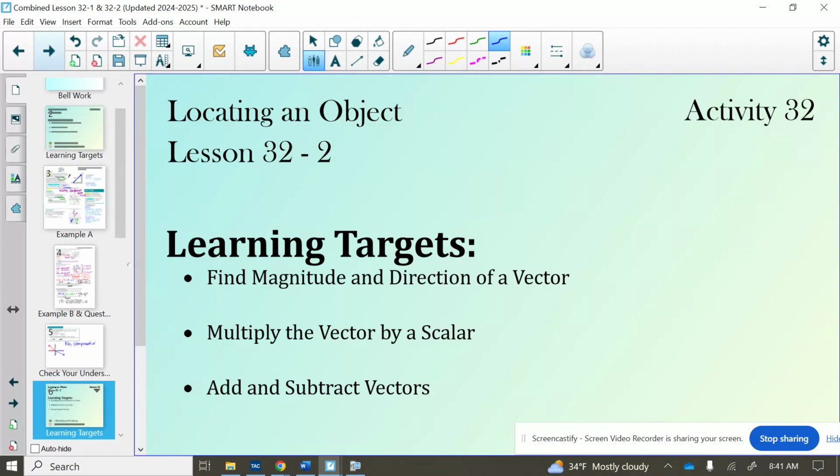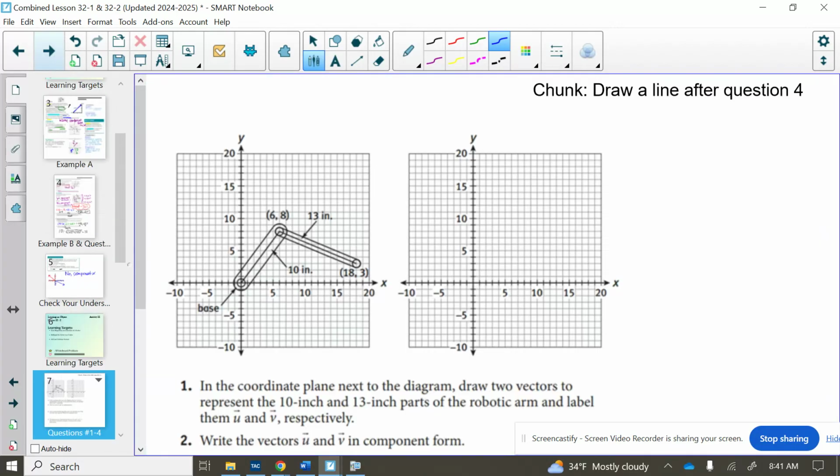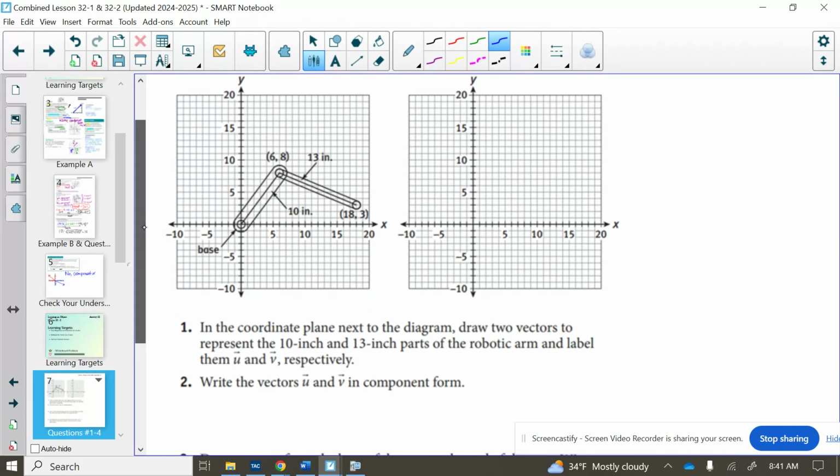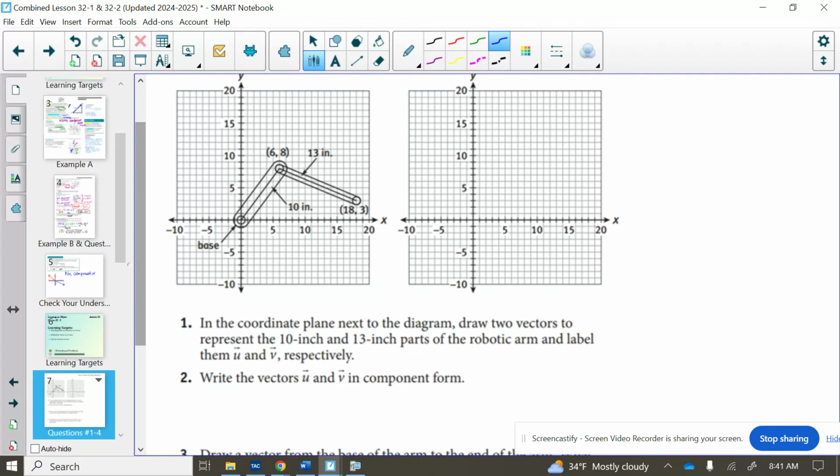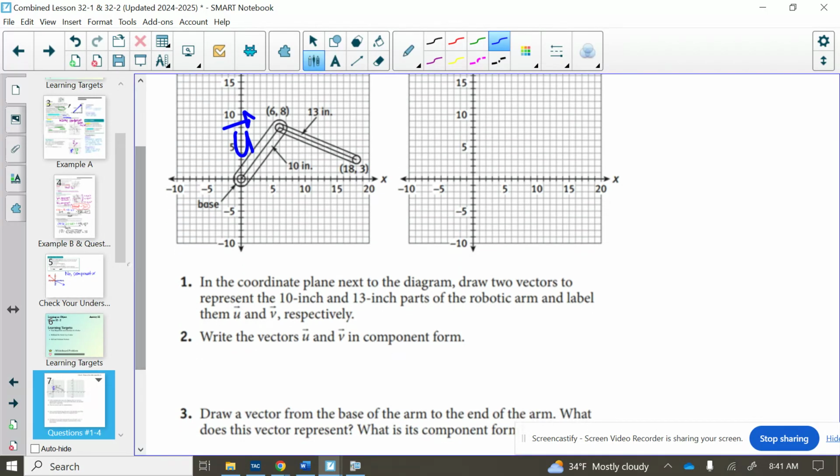Now we move on to the next lesson, 32.2. We see on page 446 that we have two vectors being combined together. Our first vector, which is going to be vector u, starts in standard position, and it's going to the right 6 and up 8 if we go starting at that tail going towards the head.